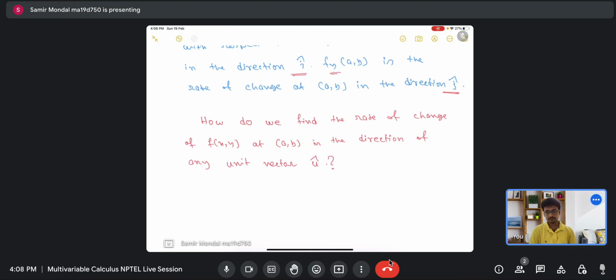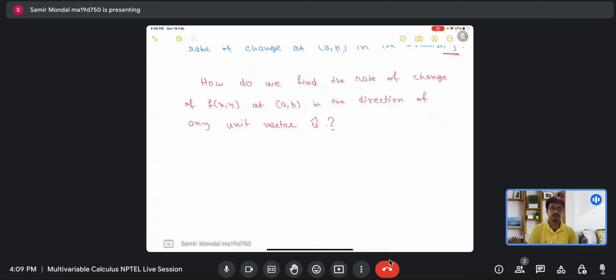This is the motivation for the directional derivative: the derivative in a given direction, that is, given a unit vector direction. Now I want to define the directional derivative.